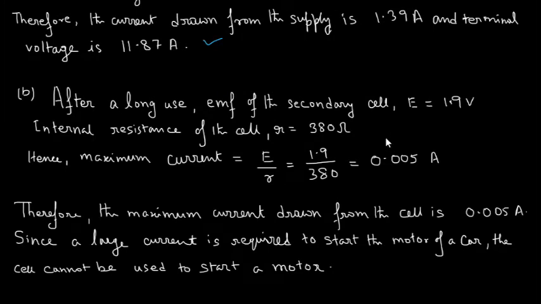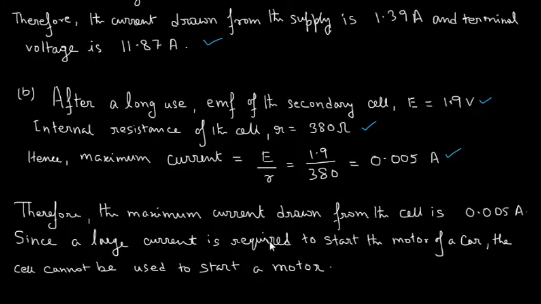Part B. After a long use, EMF of the secondary cell E is equal to 1.9 volt. Internal resistance of the cell small r is equal to 380 ohm. Hence maximum current, that is E upon r, can be withdrawn, and putting the value of E and r, 1.9 upon 380, that is 0.005 ampere current will be withdrawn.